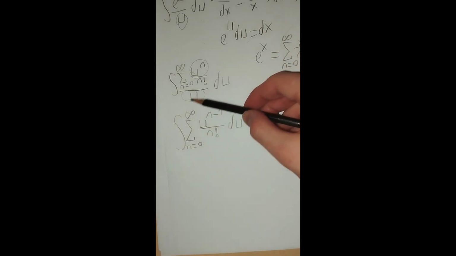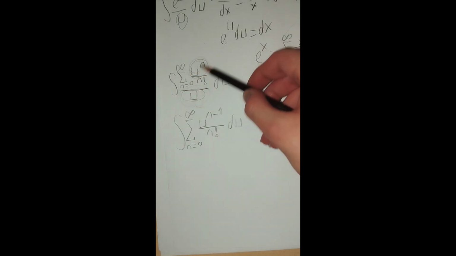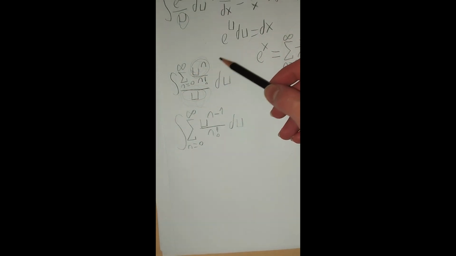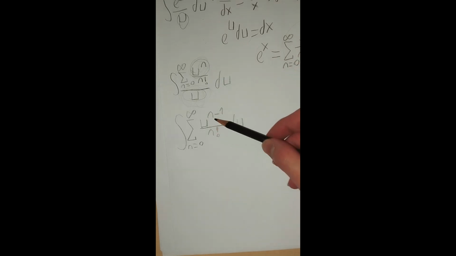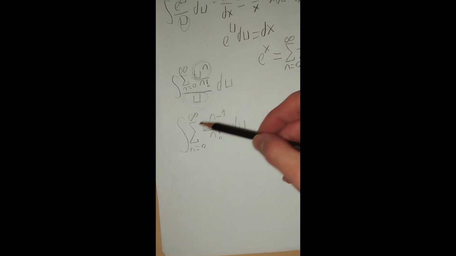So I actually put this u inside here, so I subtracted 1 from this n to get u to the n minus 1 power, and we have summation in here again, we have n factorial.